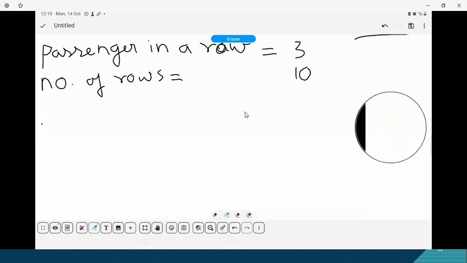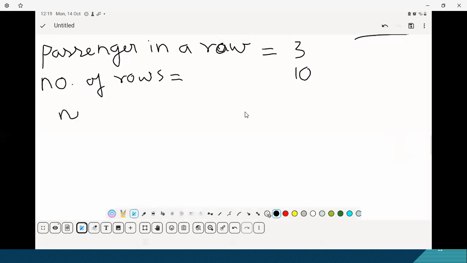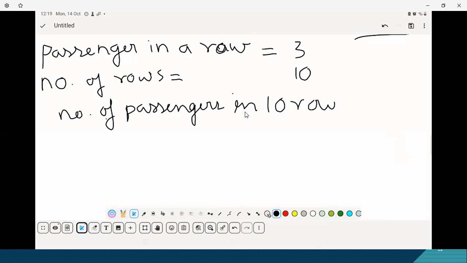Number of passengers in 10 rows will be equal to 3 multiplied by 10.